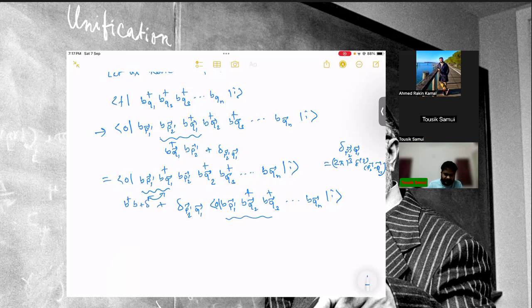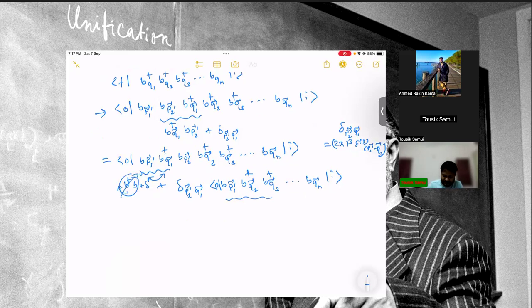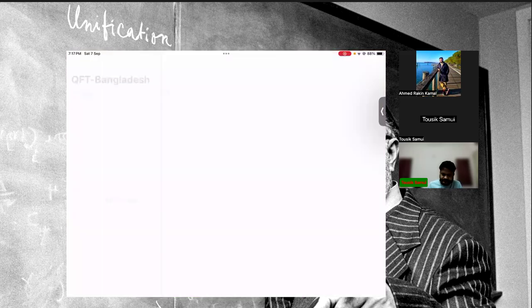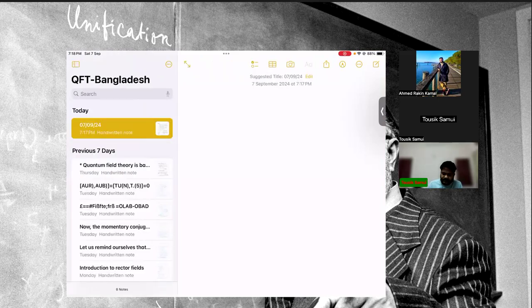Then B dagger will annihilate, so the first term will go to 0, and the only thing that survives is the delta function between P1 prime Q1. It is everything this time.